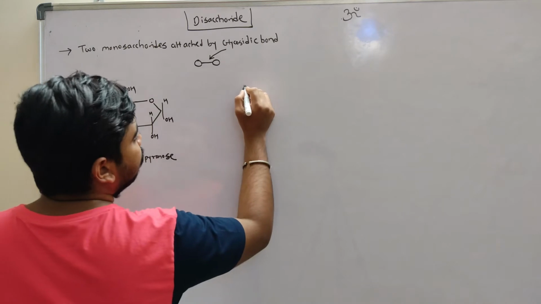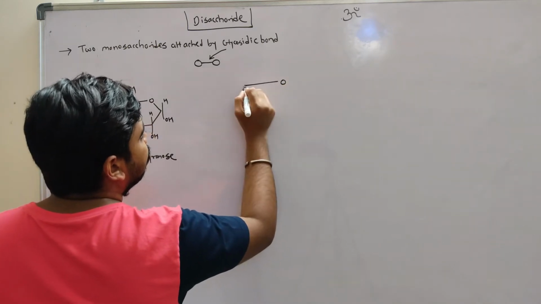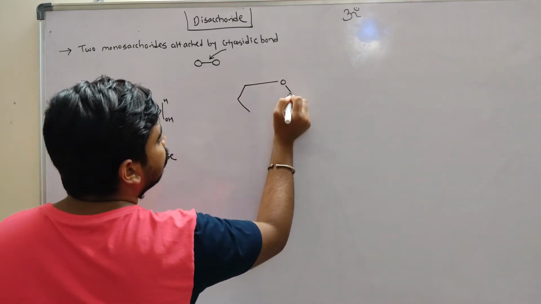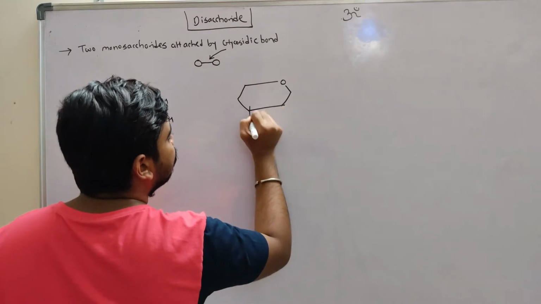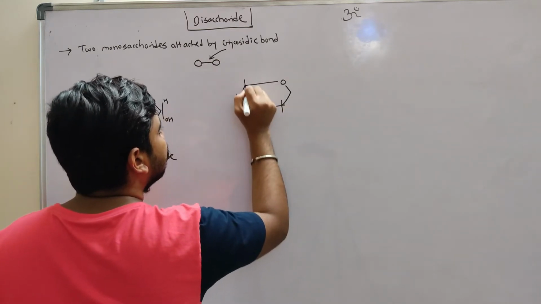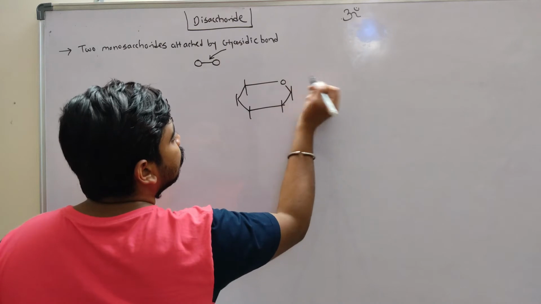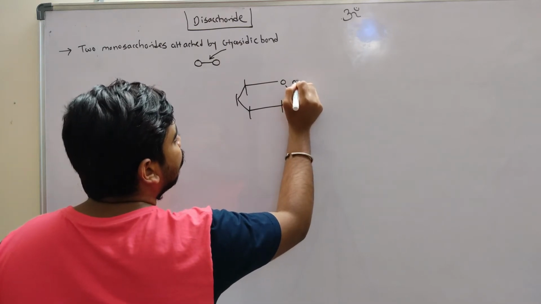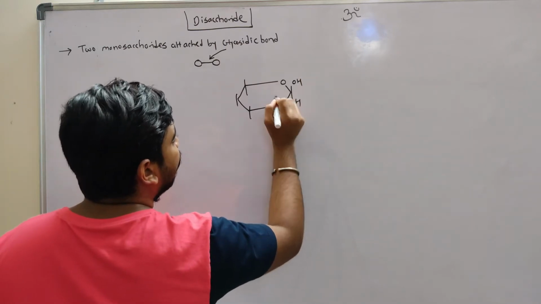This gets attached with beta D glucopyranose, where the OH will be up.